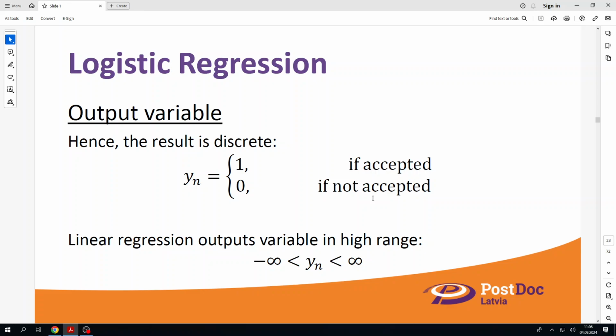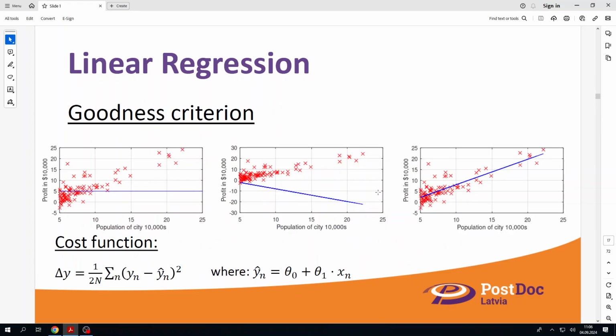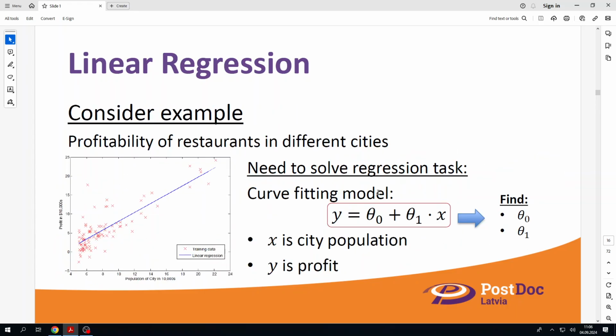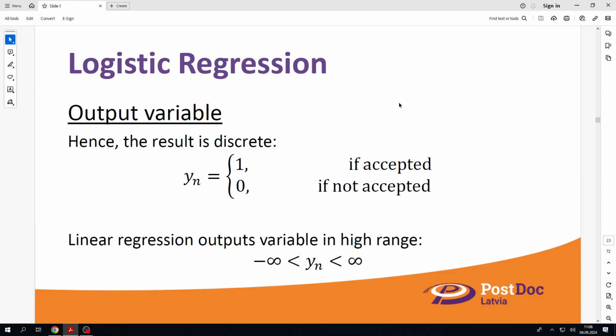In linear regression, our range was from minus infinity to plus infinity. Well, in your particular problem, of course, it would be smaller. Like in this case, we can see we had from minus $5,000 to plus $25,000, but well, it's just our particular case. It could be from minus infinity to plus infinity if we get more data.